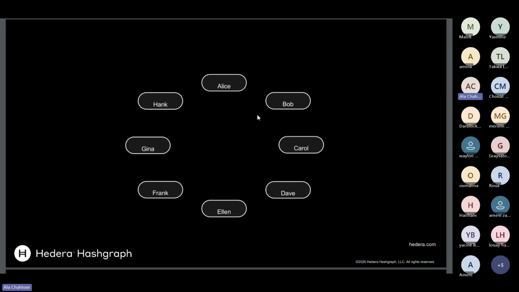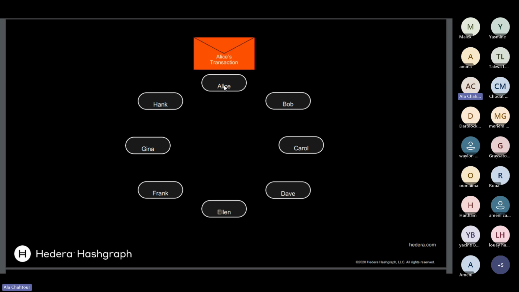As I told you, now we are going to make a demo of how the transaction is processed, the workflow of the transaction between validators. Let's say that Alice, Hank, Gina, Frank, and the others are validators on Hedera. A transaction comes to Alice.